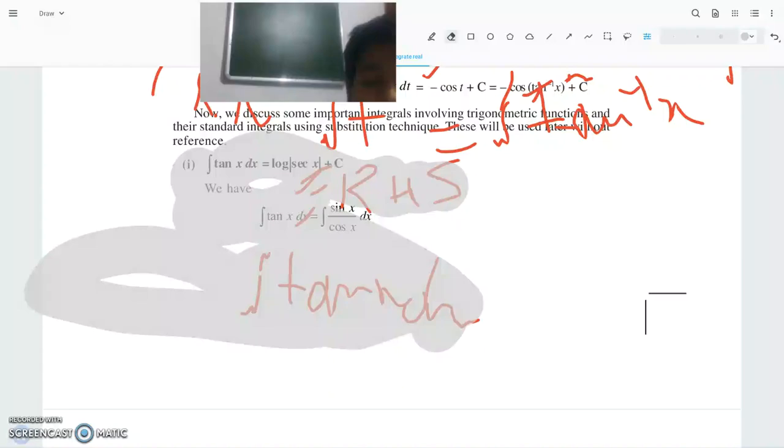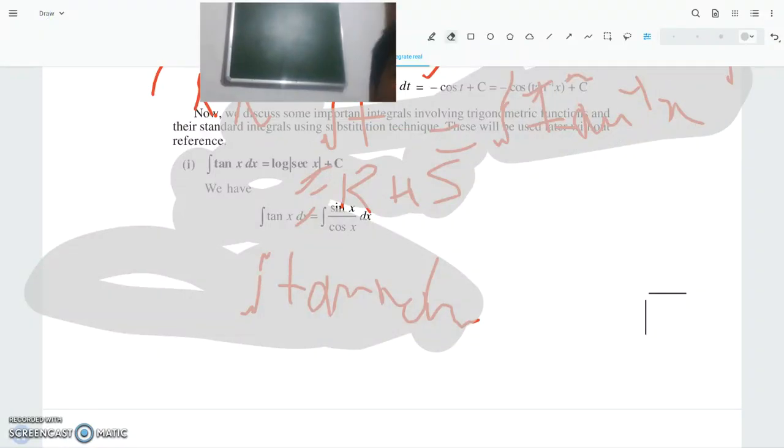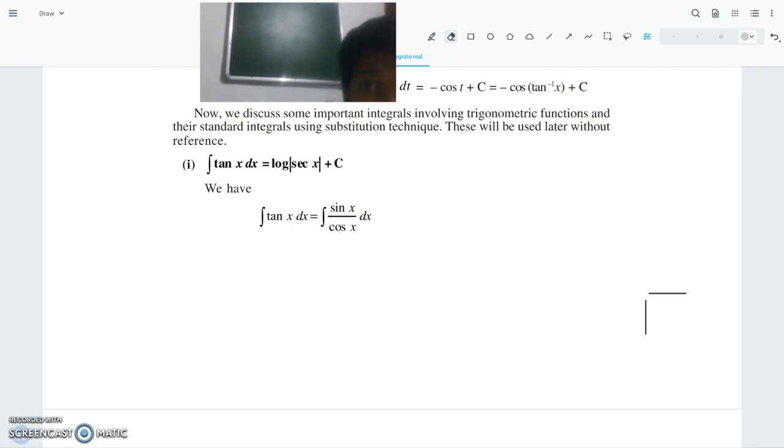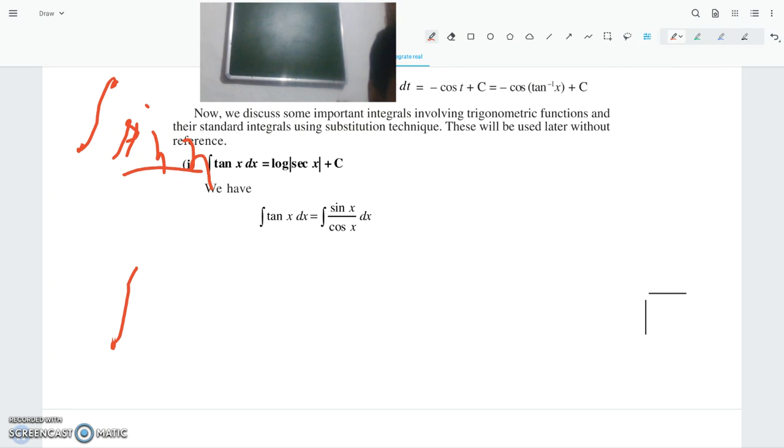Now, integration of tan x. Can we write tan x as sin x upon cos x? Yes, we can write sin x upon cos x, so integration of sin x upon cos x. Is that much clear?